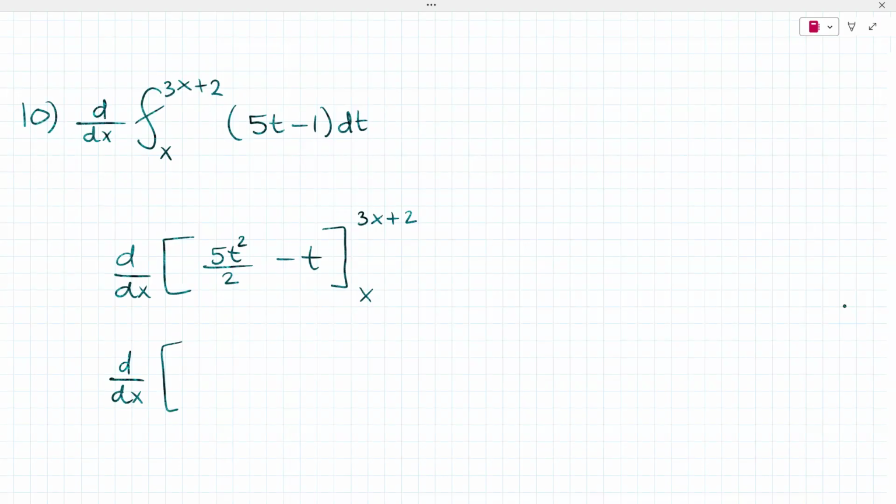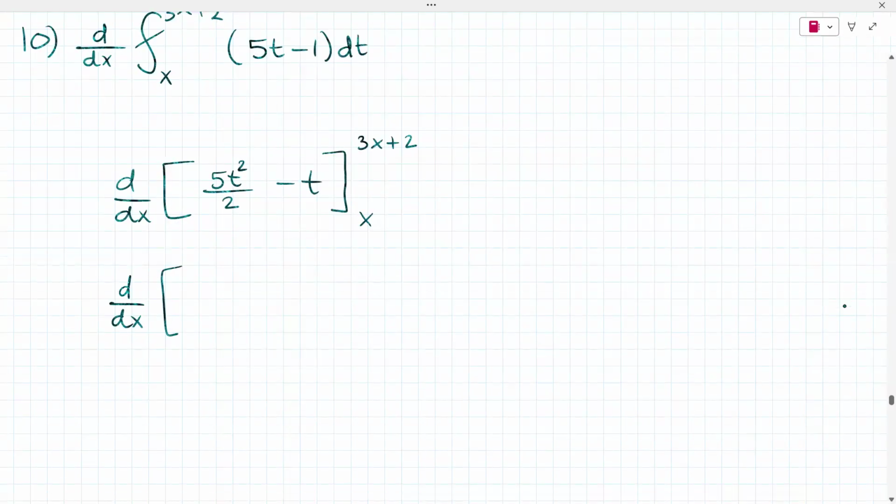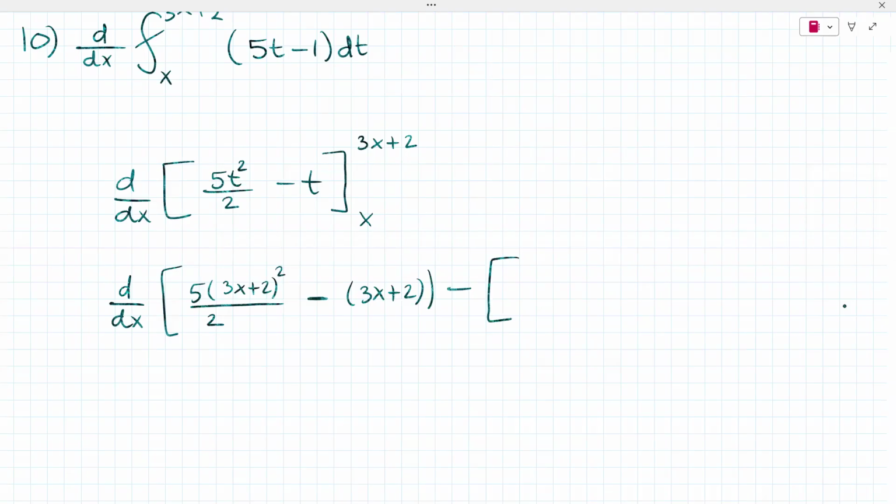I'm doing FTC number 1 here. So apply upper minus lower. So this is going to be 5 times 3x plus 2 squared all over 2, minus, and then apply the lower.